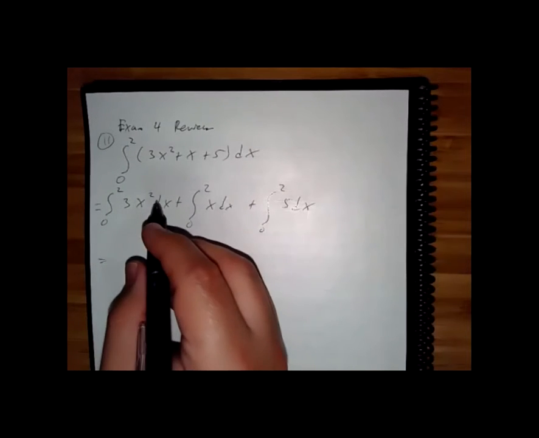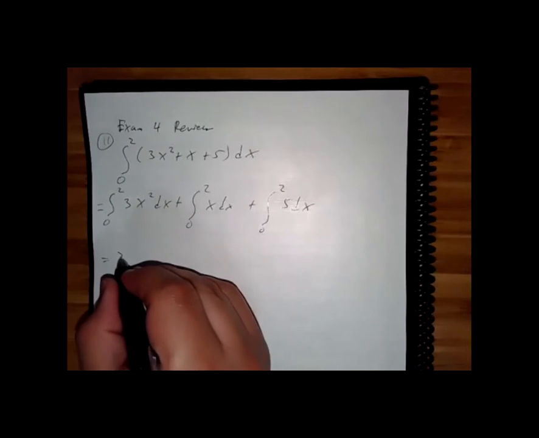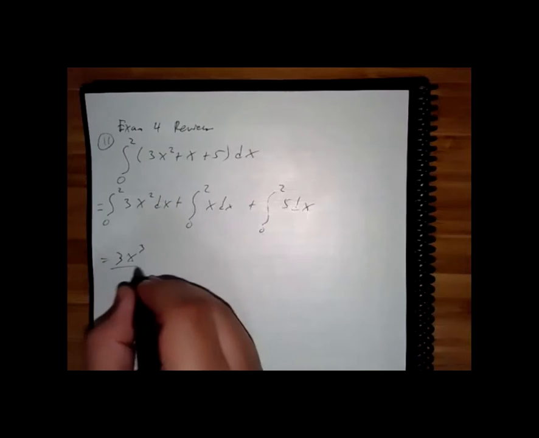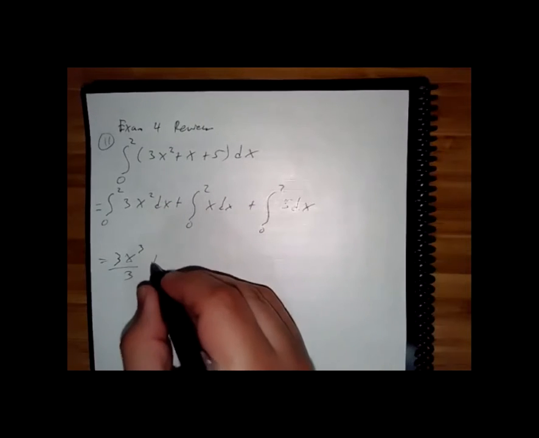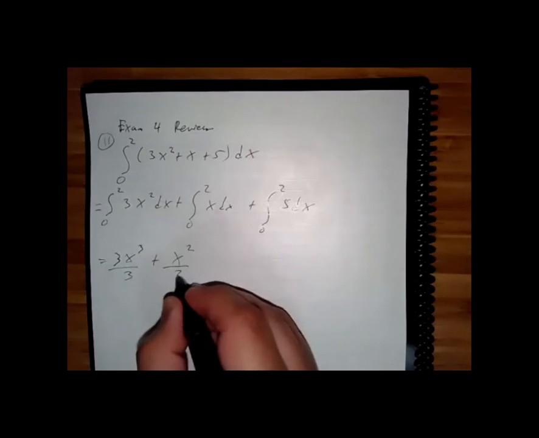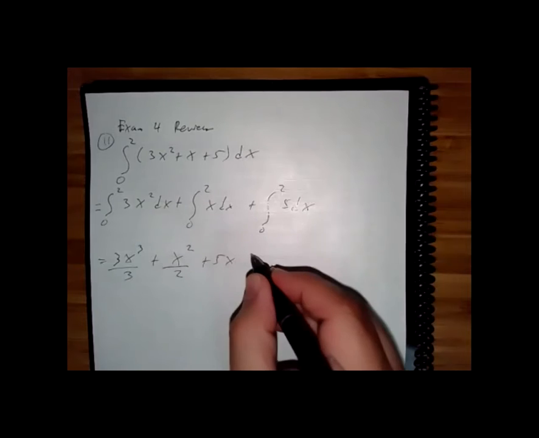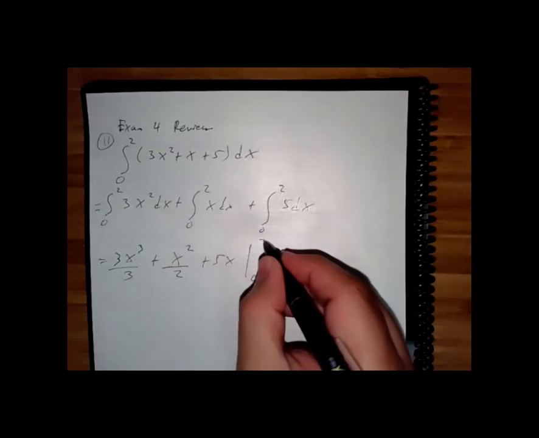So this will just be 3x cubed over 3 plus x squared over 2 plus 5x from 0 to 2.